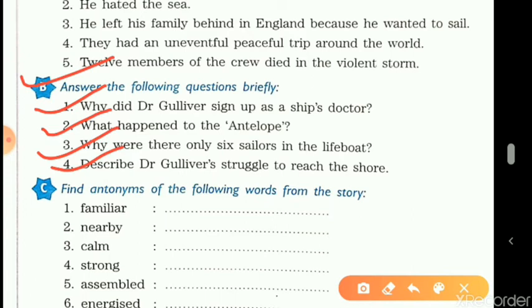Again, I'm repeating answer 4. After the boat had overturned, Dr. Gulliver began swimming in whichever direction the wind and the waves pushed him.